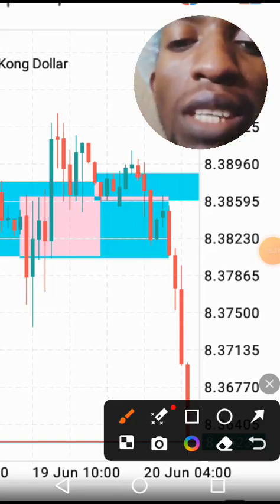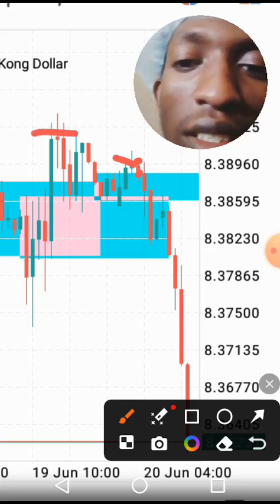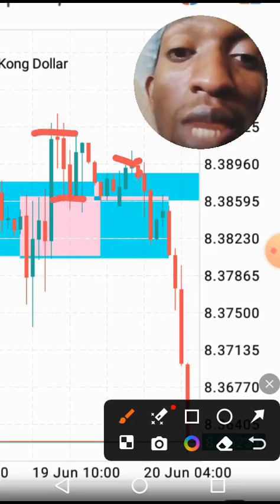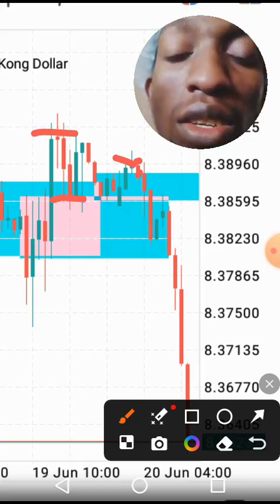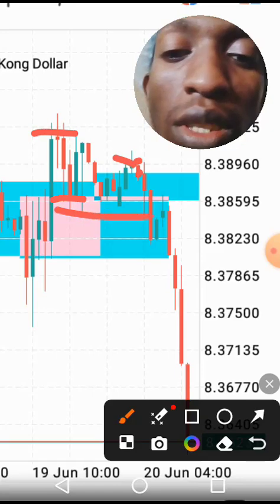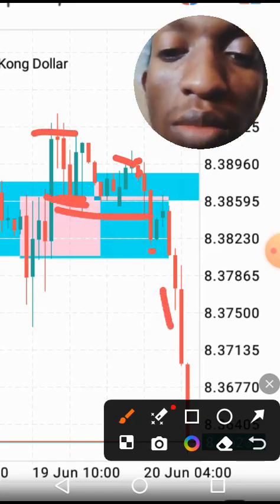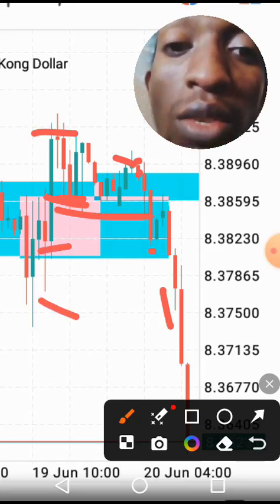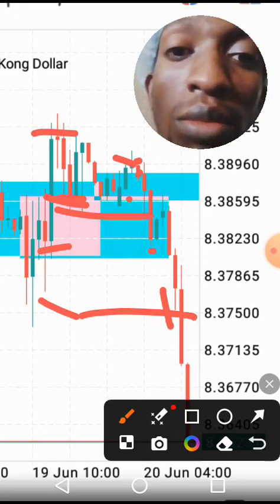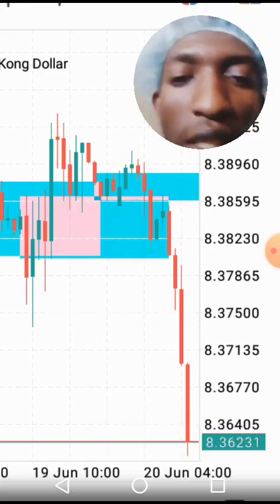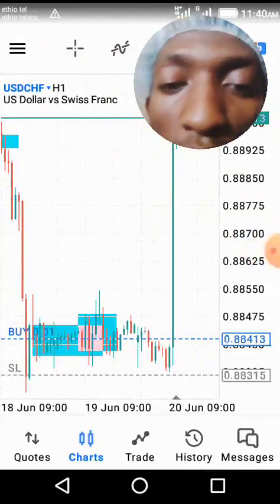If we are selling up here, we are keeping in mind that this black box is TP2 too. Even of course after the break down there, we already know that we are moving down. We have this TP still loading, so I am aiming down there. Beautiful, that's amazing. That's exactly what you have seen earlier in the previous episode.